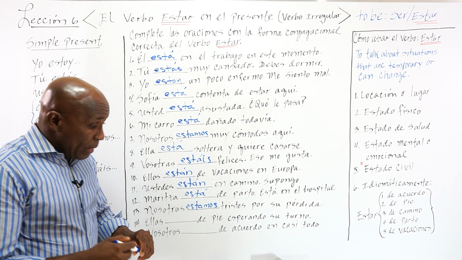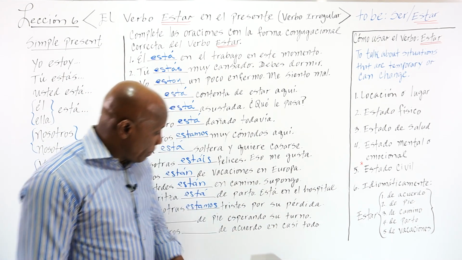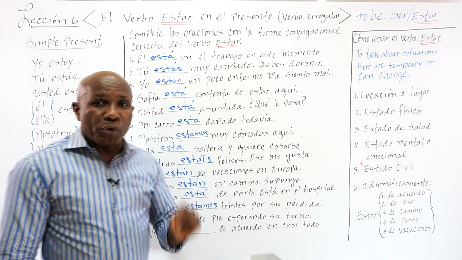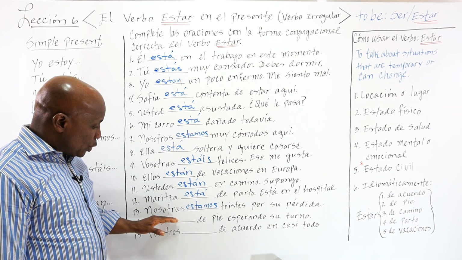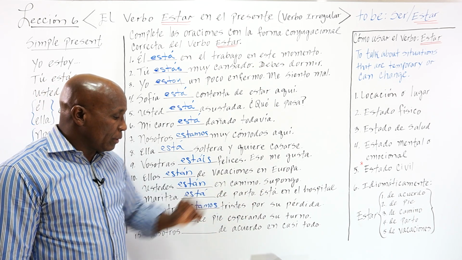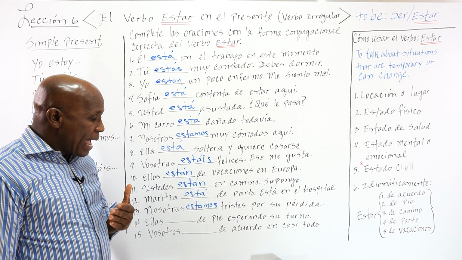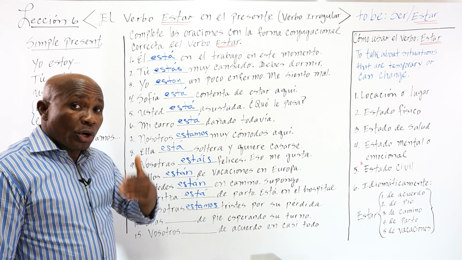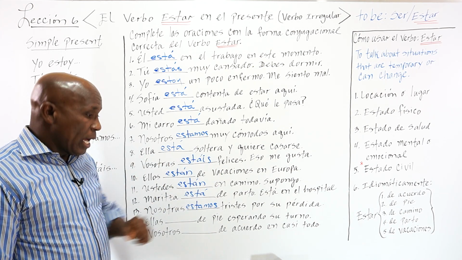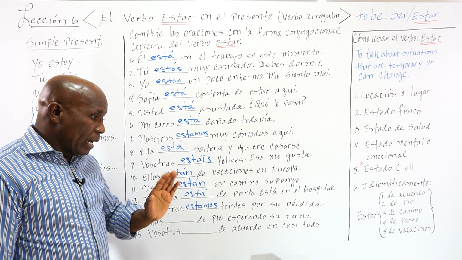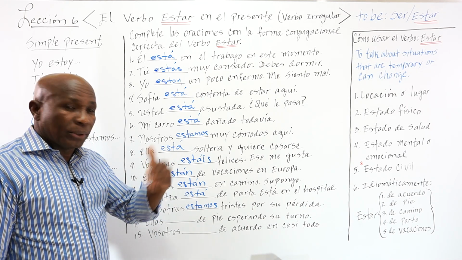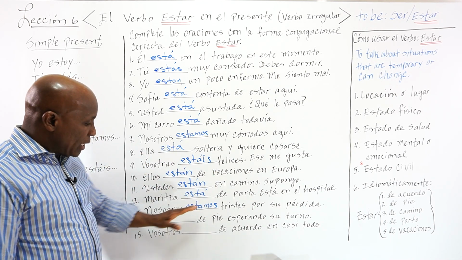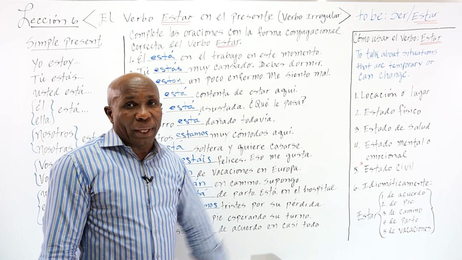Estamos tristes por su pérdida. For your loss. Nosotras estamos tristes por su pérdida. We are sad because of your loss. Yeah, maybe somebody died, right? Or something happened, a tragedy or something.